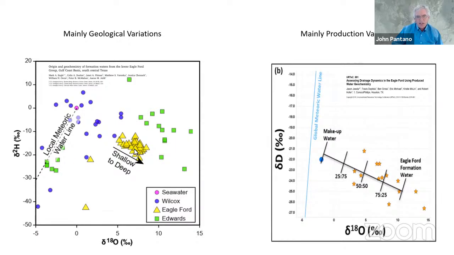And when you start to collect produced waters in a certain zone, you can see that this is the up-dip section and this is the down-dip section. That illustrates the geological variations of stable isotopes. ConocoPhillips, Jason and his co-workers, showed a way: the makeup of the frac water had an oxygen and hydrogen isotope ratio of this right here.